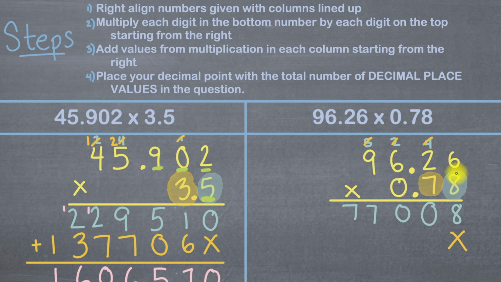7 times 6 is 42. I'll bring down the 2, and I'll carry the 4. 7 times 2 is 14. Plus 4 is 18. I'll bring down the 8, and I'll carry the 1. Next, we've got 7 times 6, which is 42.